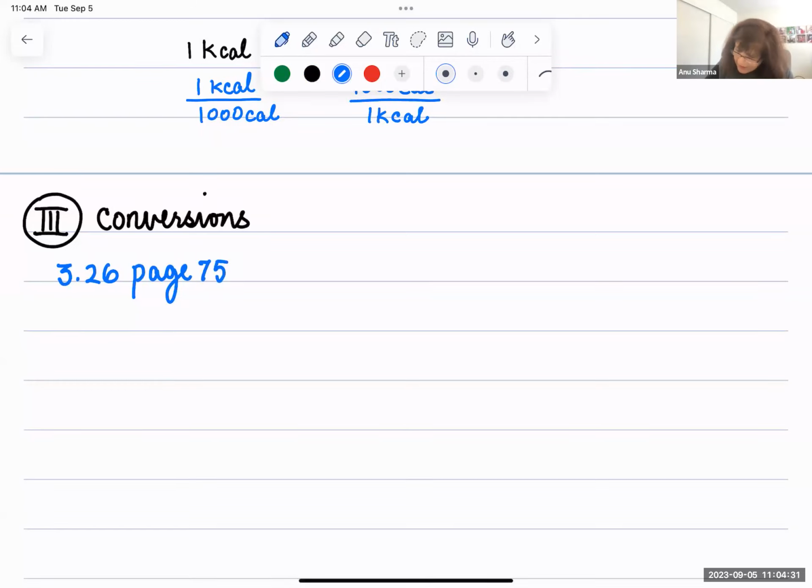A person uses 750 kcal on a long walk. Calculate the energy used for the walk in each of the following energy units.